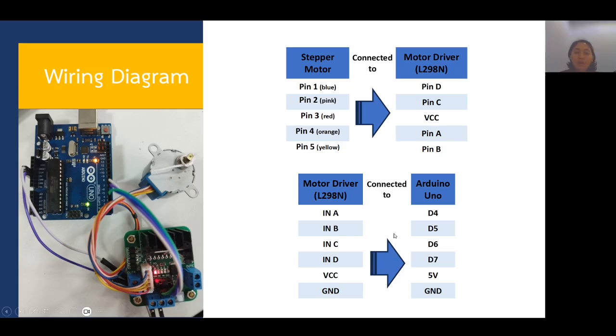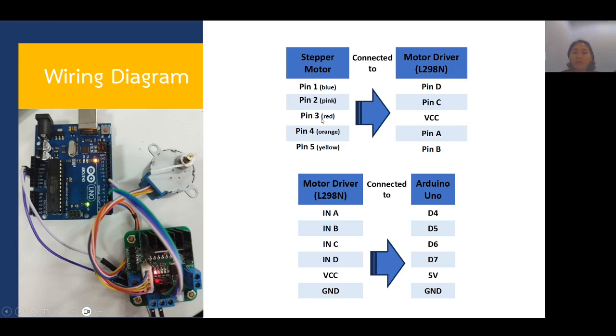And this is the wiring diagram on this board. This is the real circuit. So first we have to connect the stepper motor to the motor driver. Pin 1 with the blue wire color is connected to pin D of the motor driver. Pin 2 with the pink wire color is connected to pin C of the motor driver.